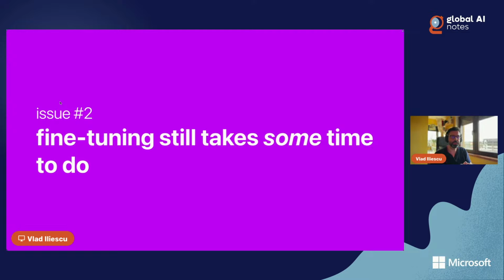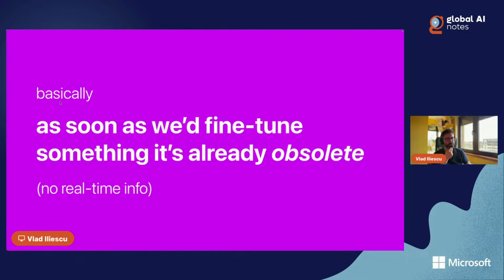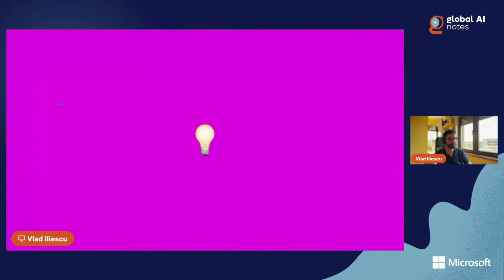We might not want it because it's not as cheap or straightforward. Because basically, once we fine-tune something, it's already obsolete. We want real-time information. This doesn't provide real-time information. So it's back to the drawing board.